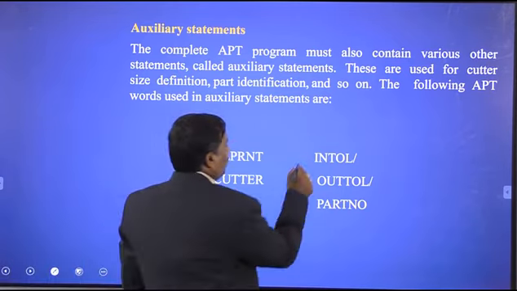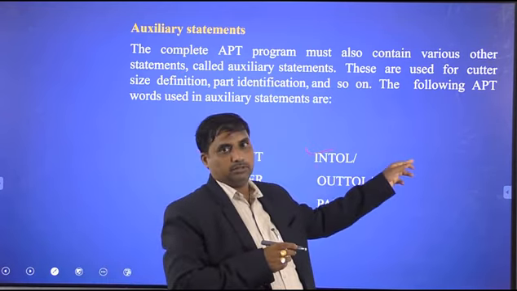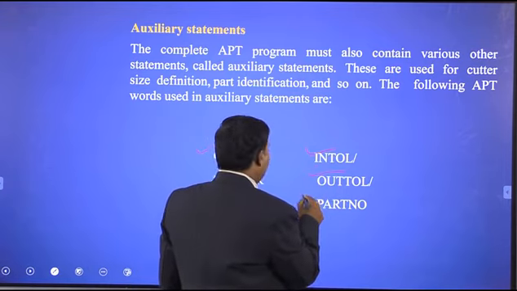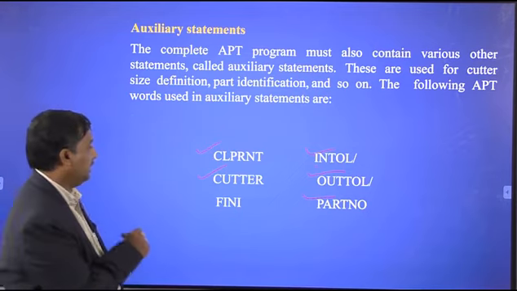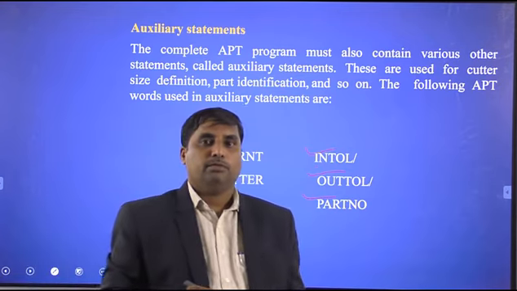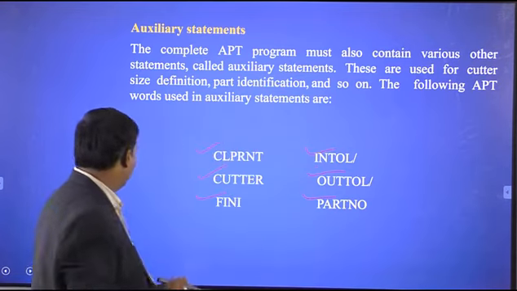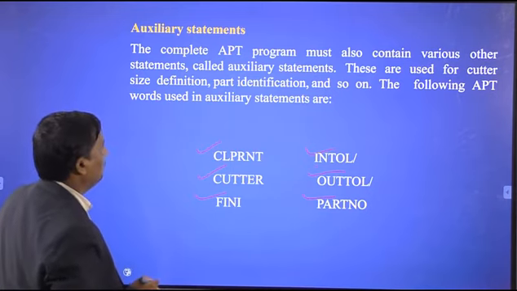Next one is INTOL, meaning internal tolerance; here we have to give the value. And here OUTTOL, external tolerance. Part number, cutter, whether a drill bit or a miller or whatever it may be. FINI means stopping the material removing operations. Okay, these are the auxiliary statements.